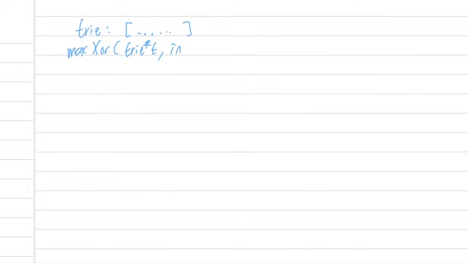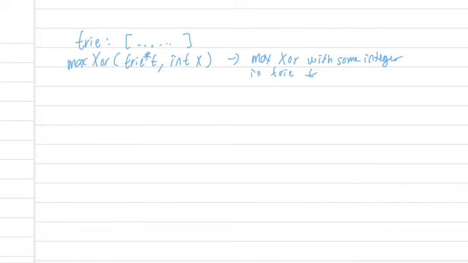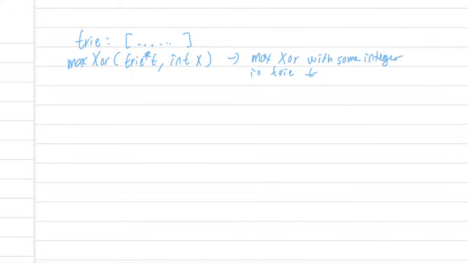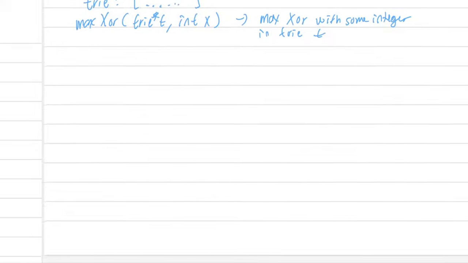You input an integer, and it'll output the maximum XOR with some integer in trie t. So essentially you have a collection holding a bunch of integers, and now you can assume an efficient function that gets the max XOR with some integer in trie t.